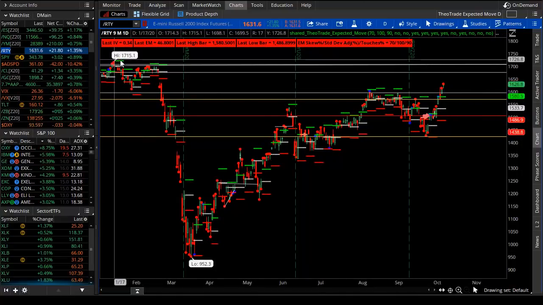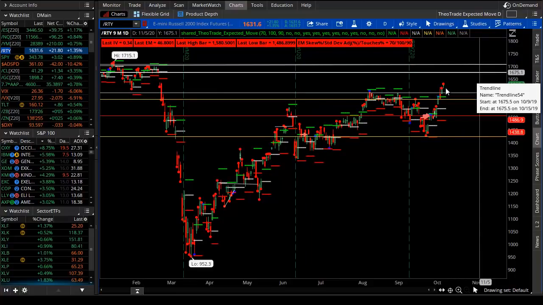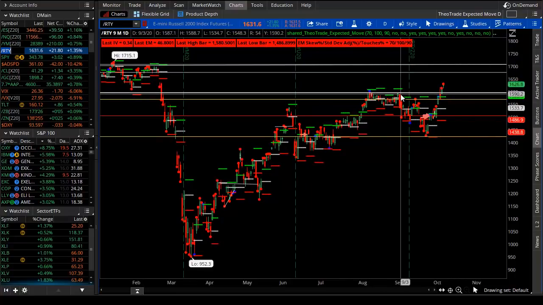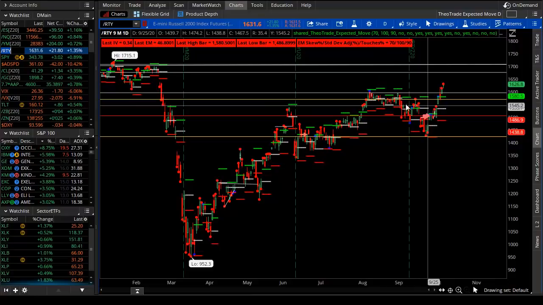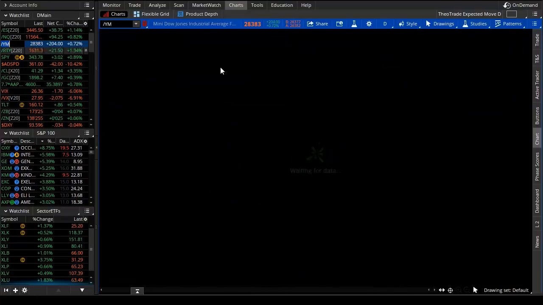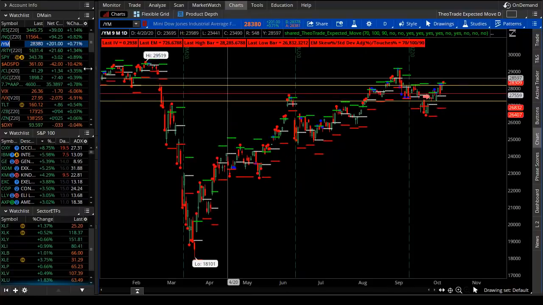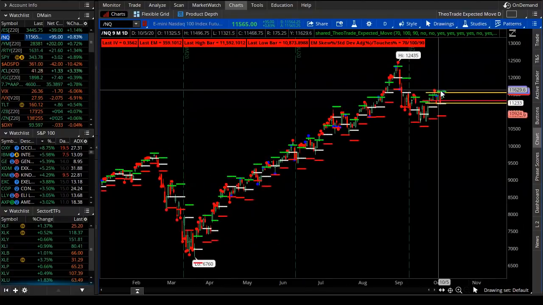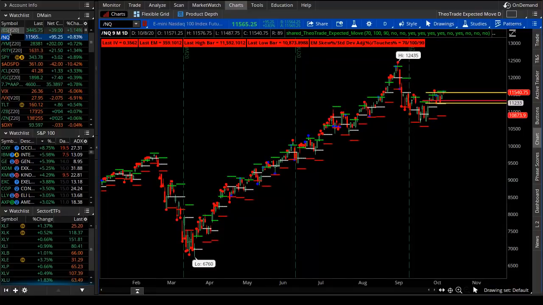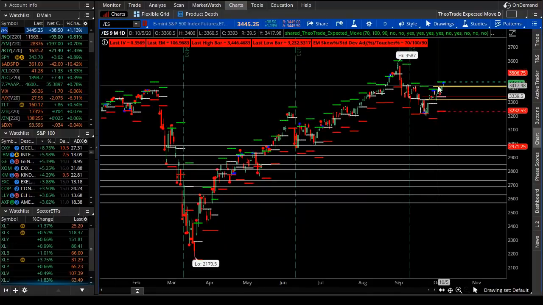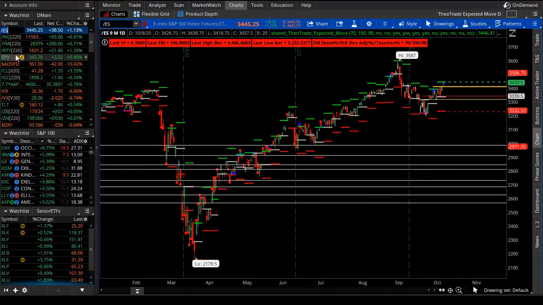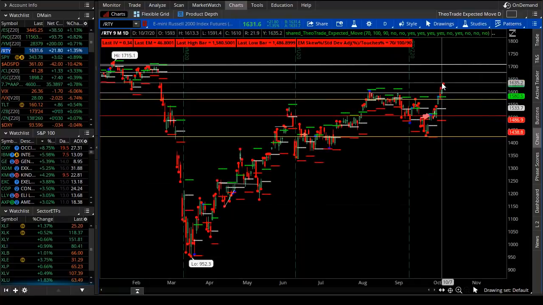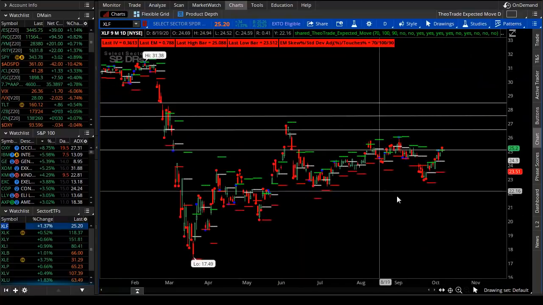It is not making new 2020 highs just yet. But it is making, if you want to think of it, this is August, September peak. It's making new recovery highs. And the Dow, not quite there. The Nasdaq, well, that made new all-time highs. The S&P, not quite there. So just keep in mind the Russell is showing relative strength. That's in part because of financials.